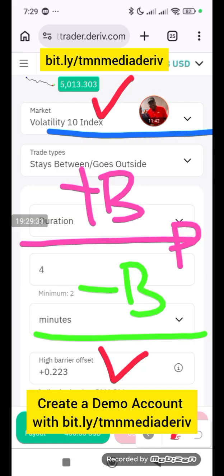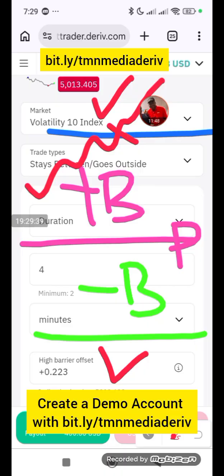With goes outside, if the price moves and touches here, once it touches, I win. But if he stays there after 2 minutes, he did not go outside, I'll lose. It means I am not correct. So I'll get to win the trade when my prediction is correct.